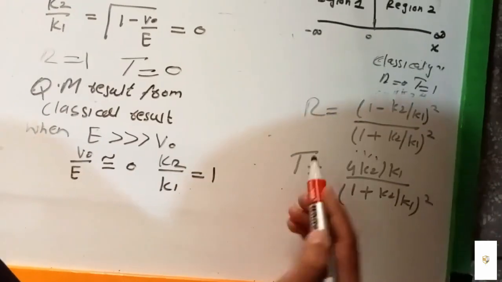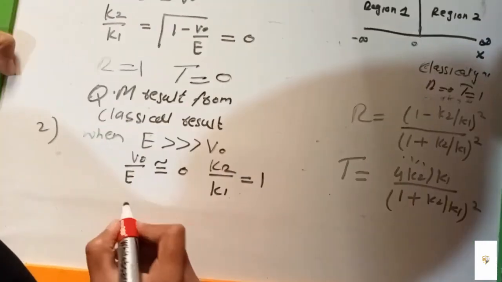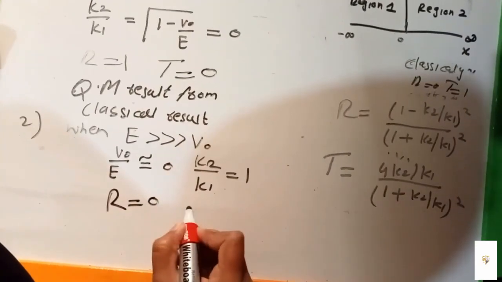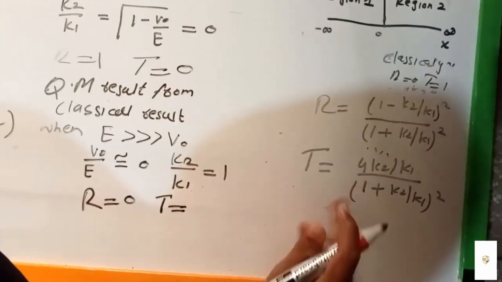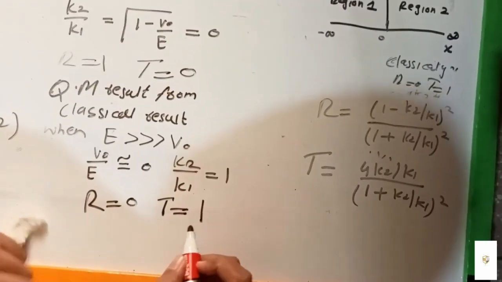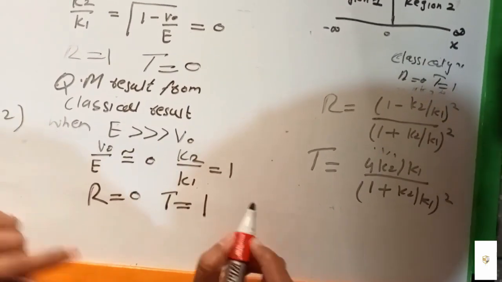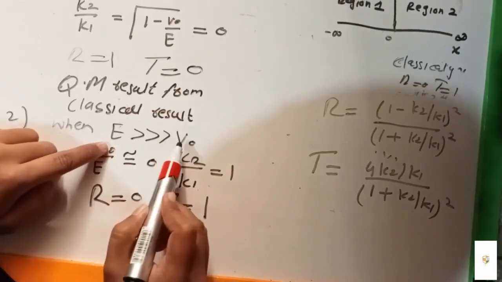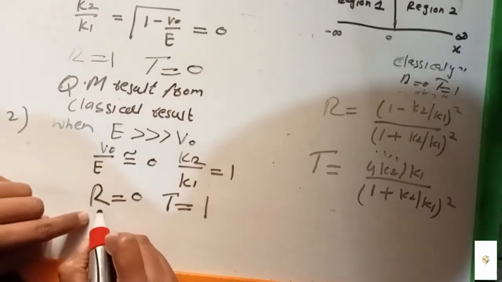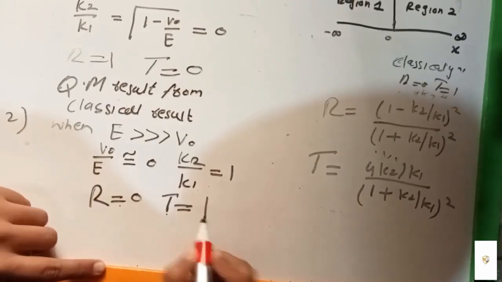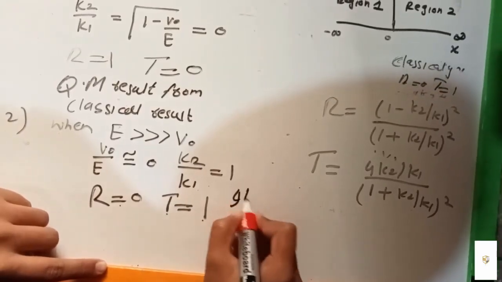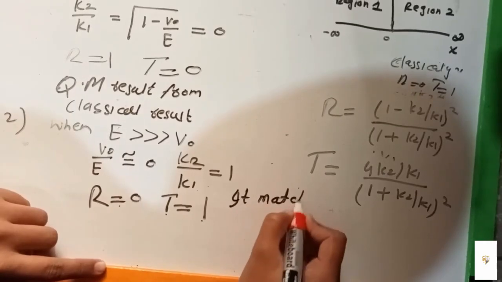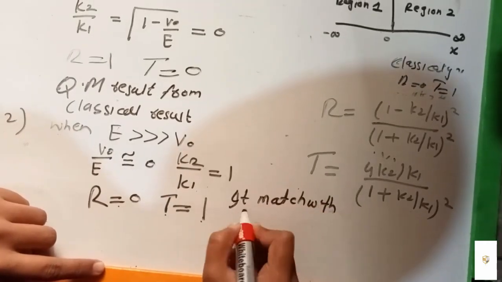In this case, reflection coefficient is equal to 0 and transmission coefficient becomes 1. So when E is greater than V naught, R is equal to 0 and T is equal to 1. It matches with the classical result.